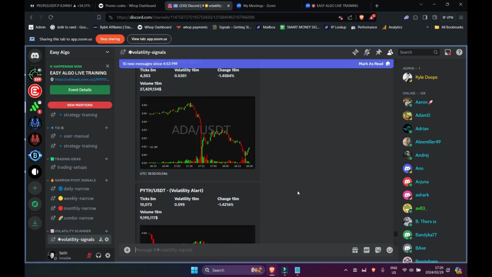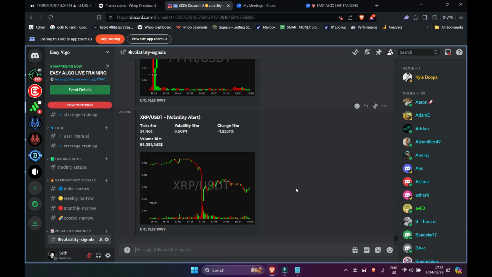Right now, at this moment, there seems to be an issue with the delay of the signals. I get these signals from a different company. The narrow pivot signals are my own code with my coder, my own automation. These volatility signals are from another company, as you can see over here, called Orion Terminal, and for some reason they're sending them delayed.